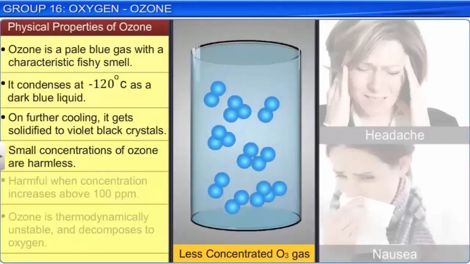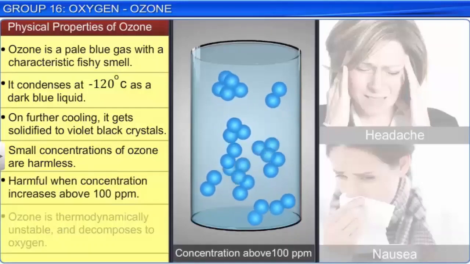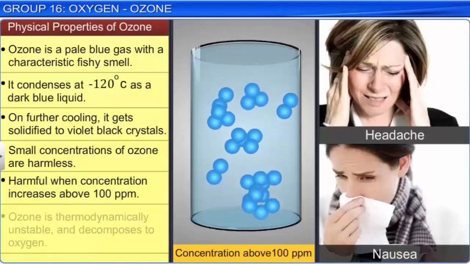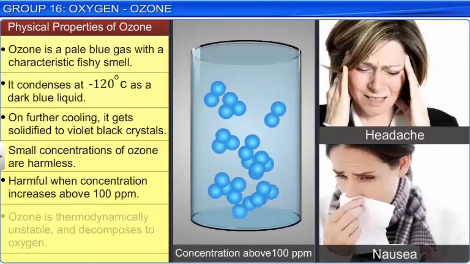Small concentrations of ozone are harmless. However, when the concentration rises above 100 parts per million, breathing becomes uncomfortable and causes headache and nausea.